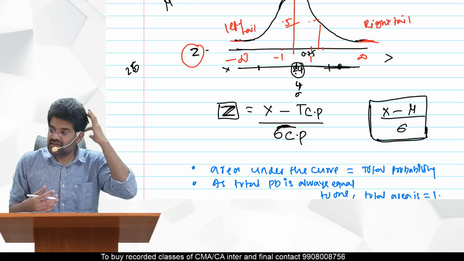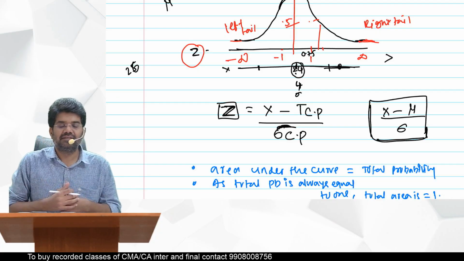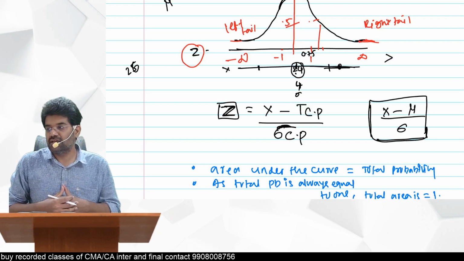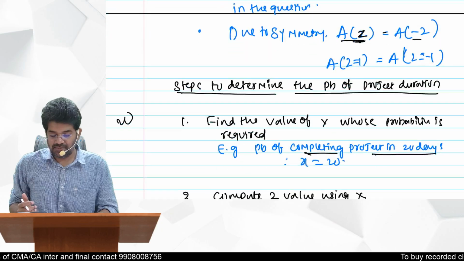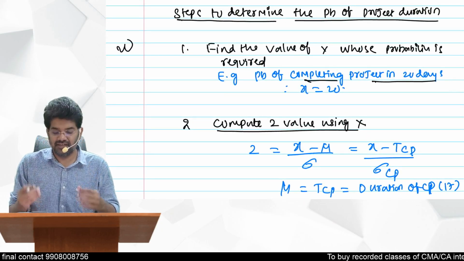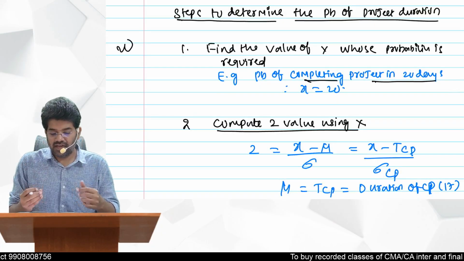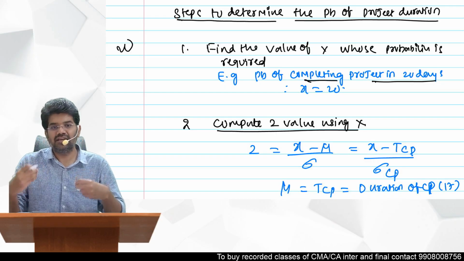Then, based on the Z value, we refer to the table and find the probability for that particular question. So these are the steps. To give you full clarity, I have given the steps here. I hope with the help of the steps you can easily calculate.